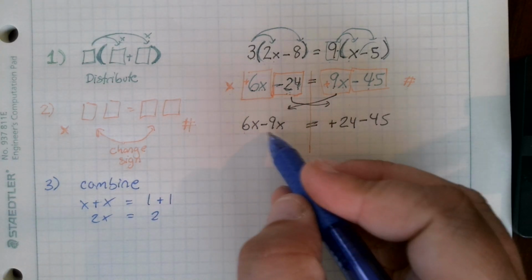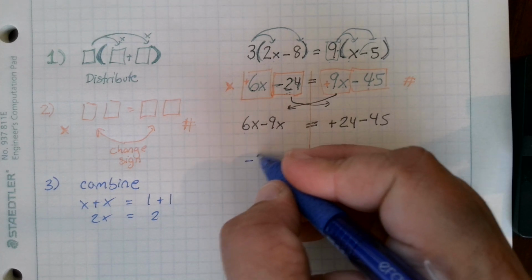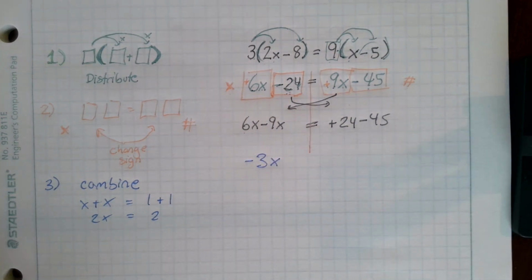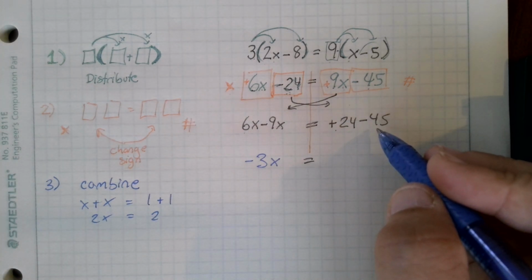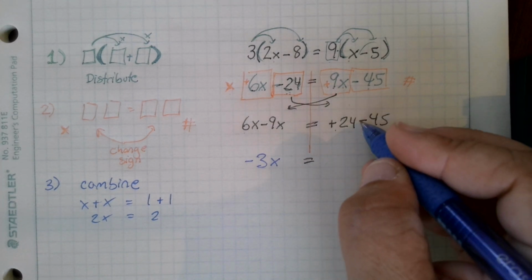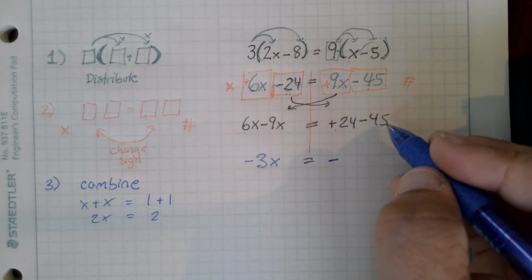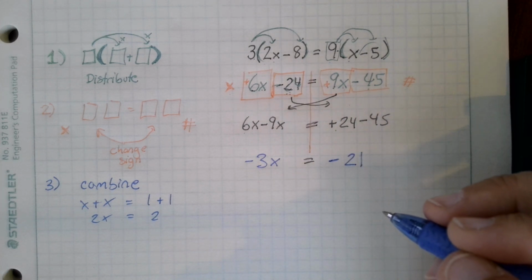We have 6 x's, and we're taking away 9. That leaves us with negative 3 x's. And on this side, now we have positive 24 and negative 45. Okay, so we have more negatives. We're going to end up with a negative, and I'm going to end up with minus 21.